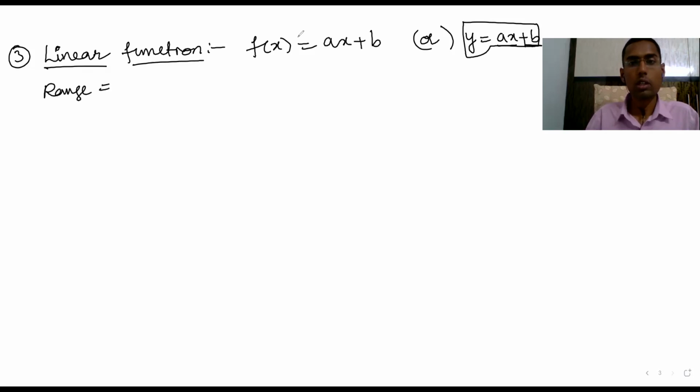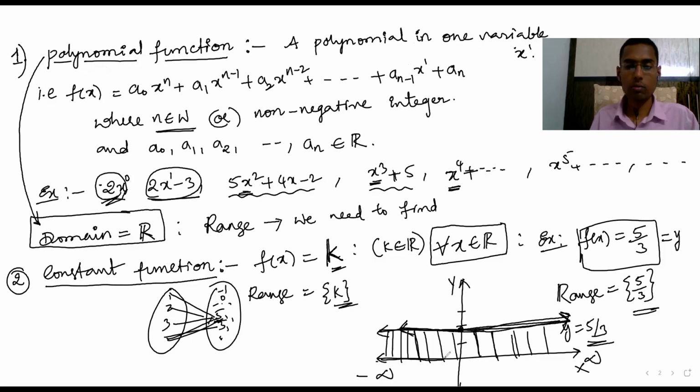Can I have a small doubt? Is there a graph for polynomial function? You gave a graph for the constant function, right? Is there a graph for polynomial function also? Polynomial function is not just one type. You have different types of polynomial functions. The constant function is a polynomial function.